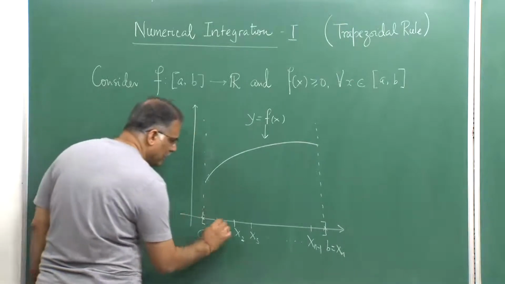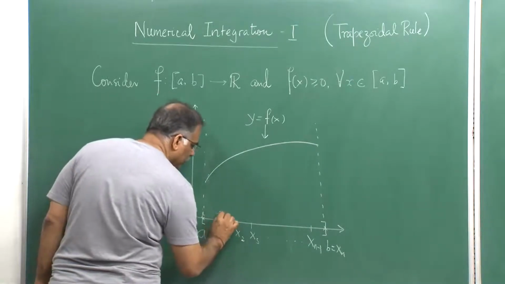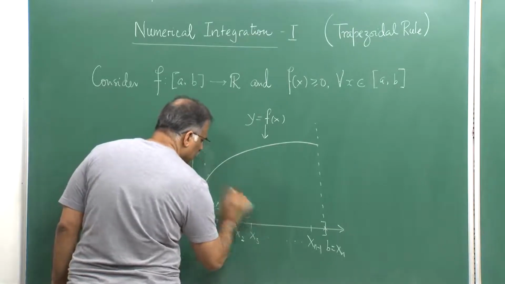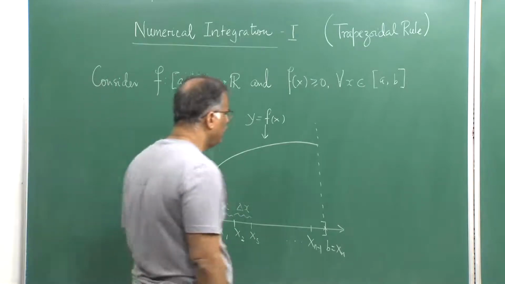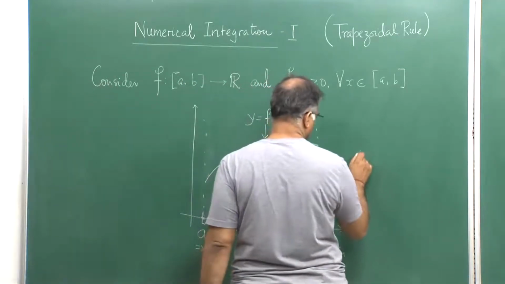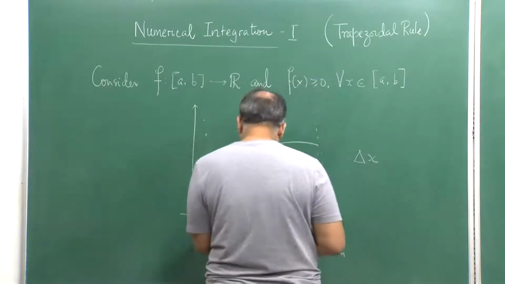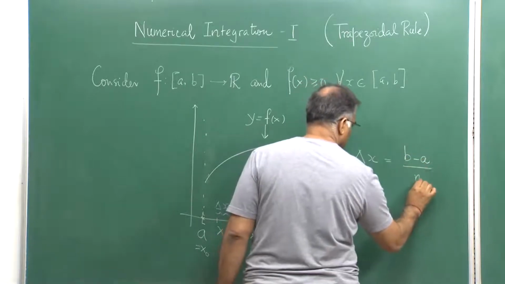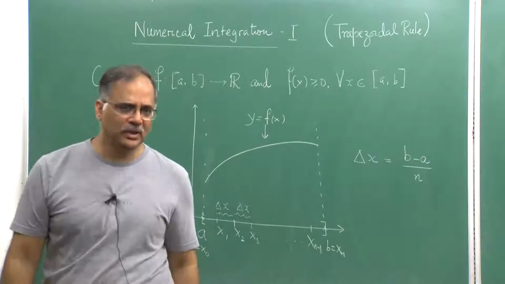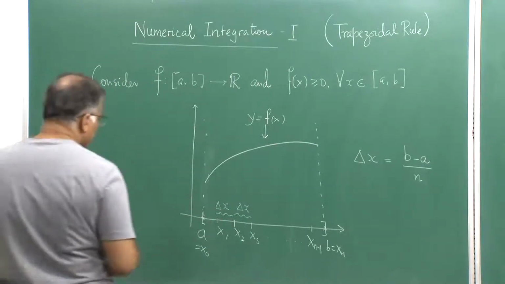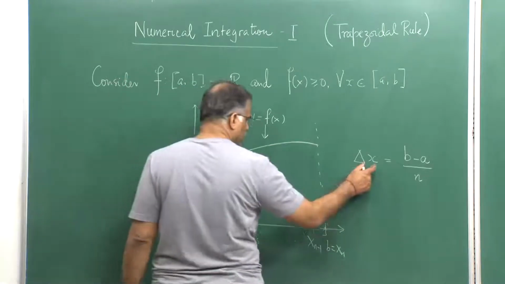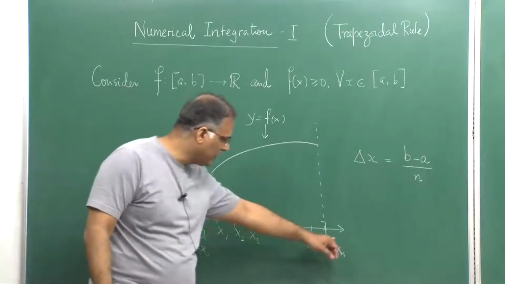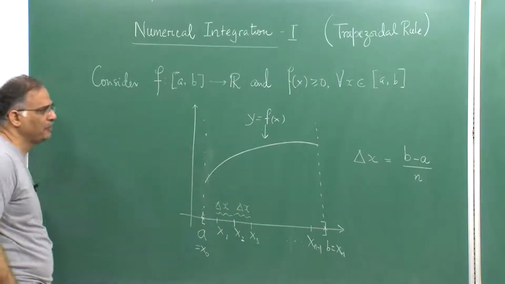Each of them has a length delta x. Suppose I have n partitions; then b minus a is divided equally into n partitions, each of length delta x, so n times delta x is b minus a.